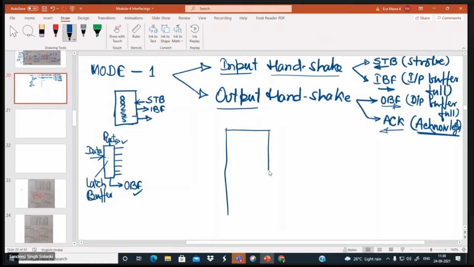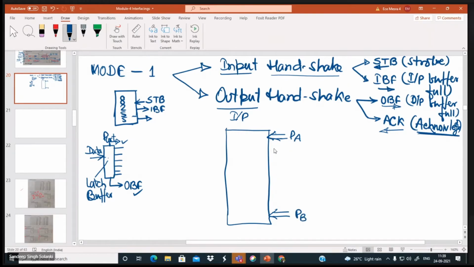So now I'm making one more drawing. With that, you will understand. Here I am defining both the ports, because we are working with two groups of operation. One group is called group A, another group is called group B. In group A, we have port A. I'm showing you the diagram, port A as input. Group B, port B is configured as input.